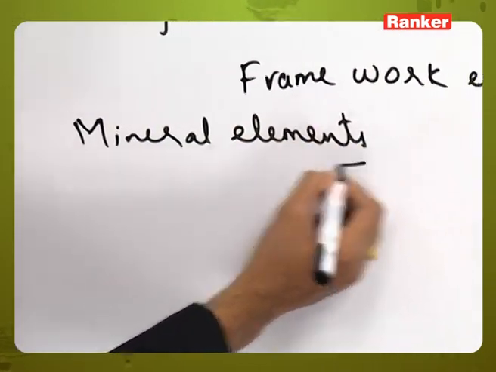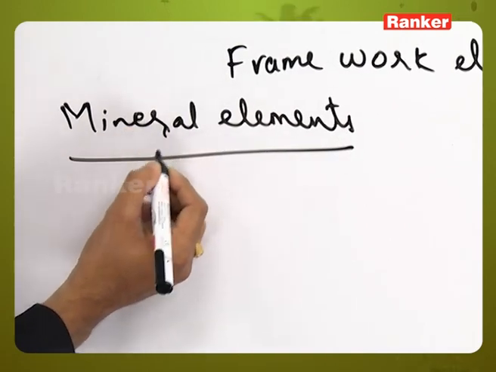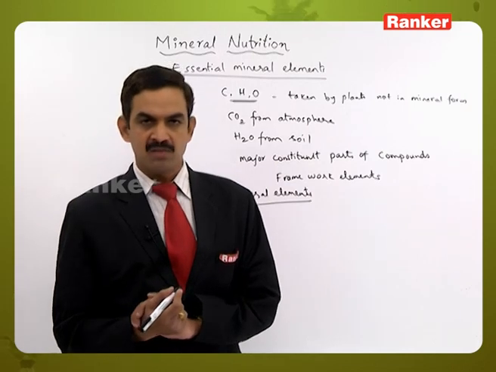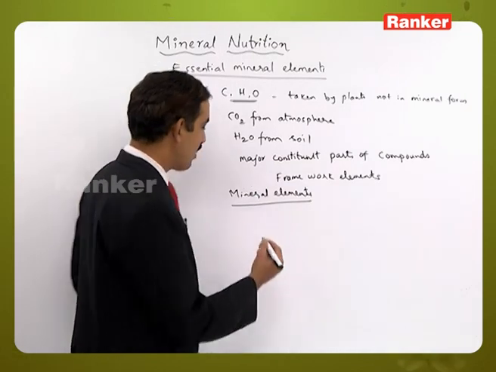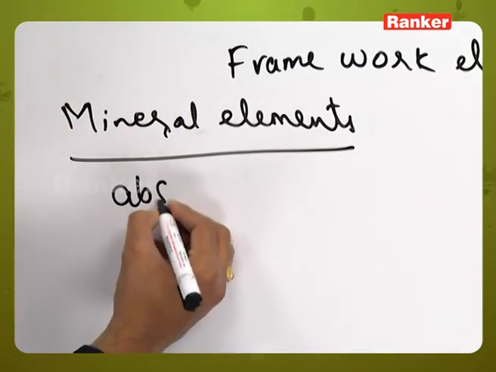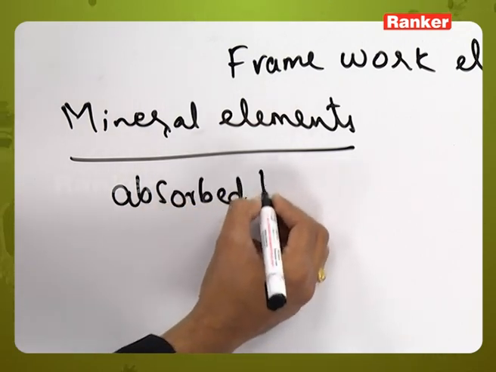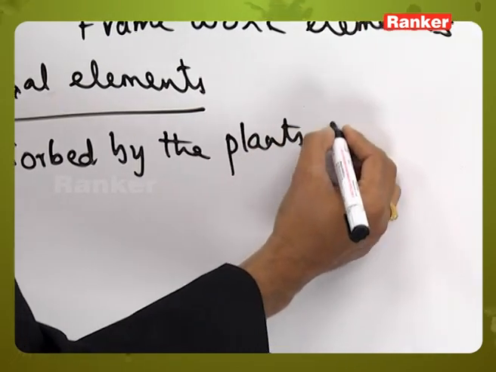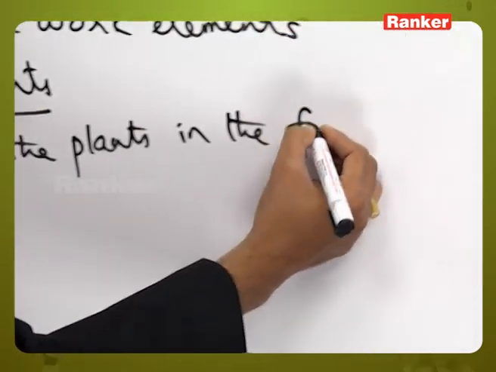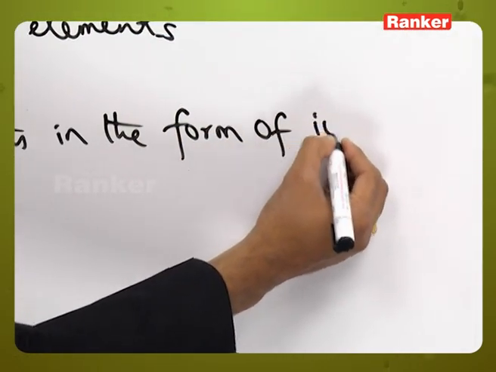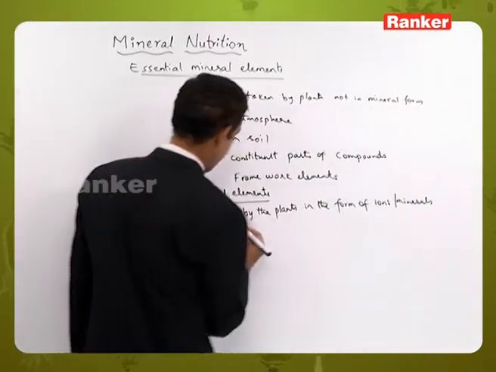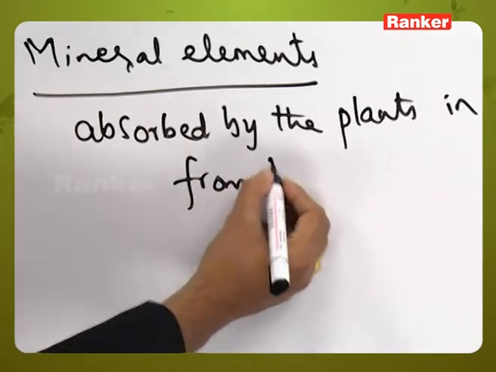The remaining elements are called mineral elements because they are absorbed by the plants through roots in the form of ions or minerals from the soil.